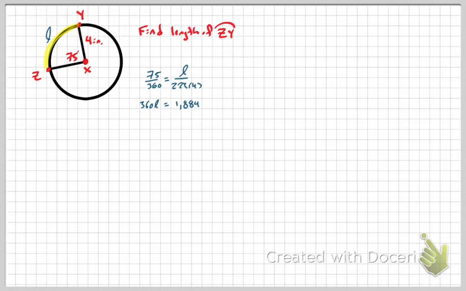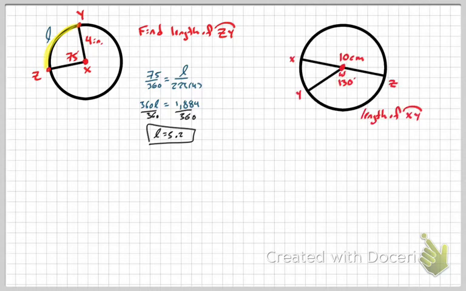Then I'm going to divide that by 360. And so L equals 5.2. And so that's kind of just how we find arc length. Very straightforward, very simple. Okay, let's do another one.